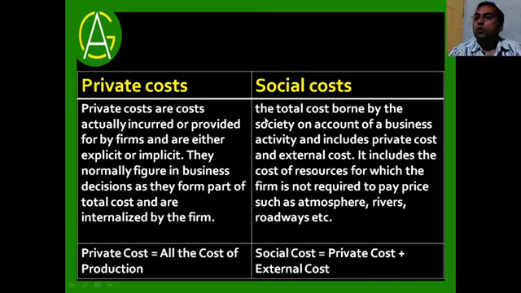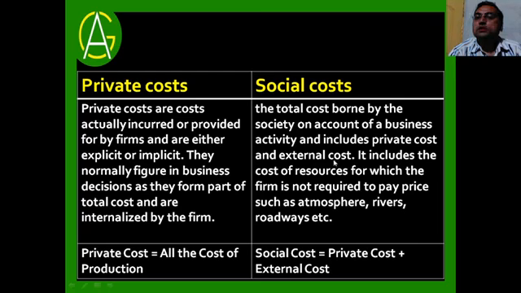But on the other hand, what is social cost? Social cost includes the cost of manufacturing, as well as whatever environmental damage has taken place because of manufacturing a particular product, where we have polluted the atmosphere, rivers or roadways. This cost of pollution is not recognized in the manufacturing cost here. At the time of calculating the private cost, we recognize only the explicit and implicit cost, but the cost of environmental damage is not recognized.